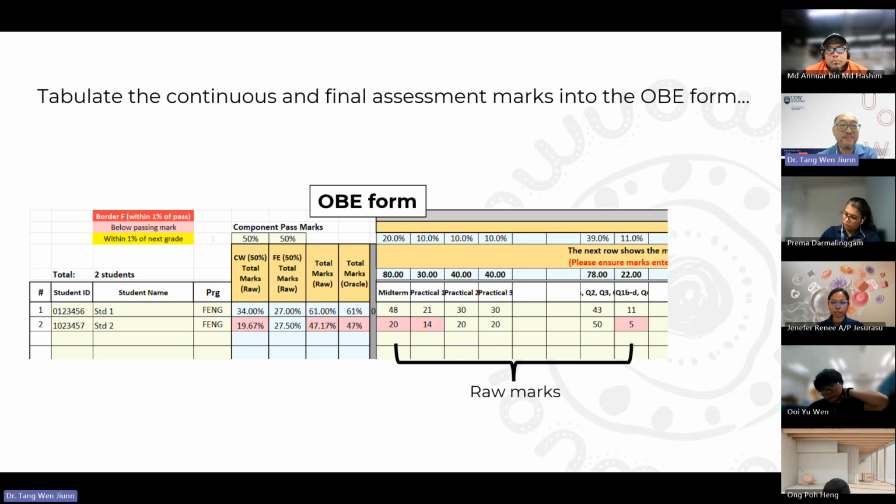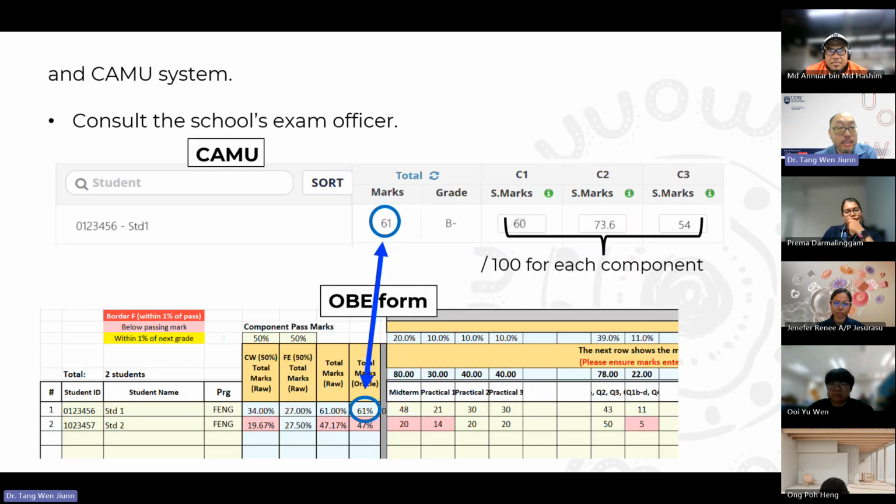You all have used that system last semester? Hopefully, yes. Internal programs, definitely you need to use that.